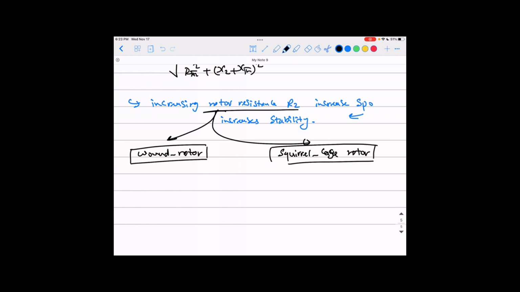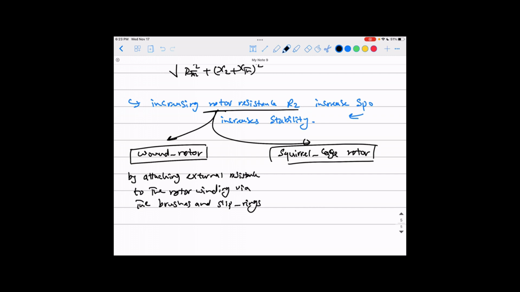To increase this, attach external resistance to the rotor winding via the brushes and slip rings.